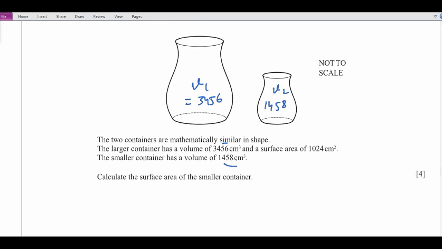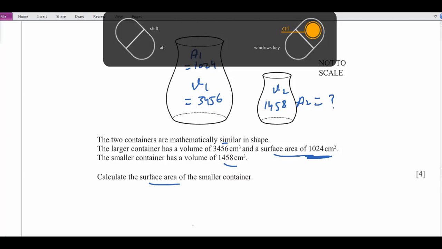The smaller container has a volume, this one, and the surface area. Surface area means A1 for this one is also given. The area of this bigger one is given as 1024, while the area of the smaller one, which I will say is A2, that we have to find. Calculate the area of the smaller surface.